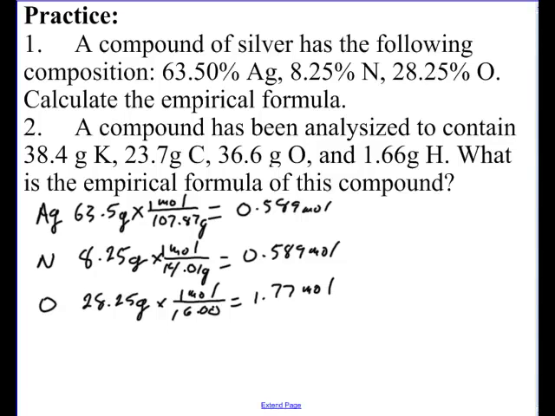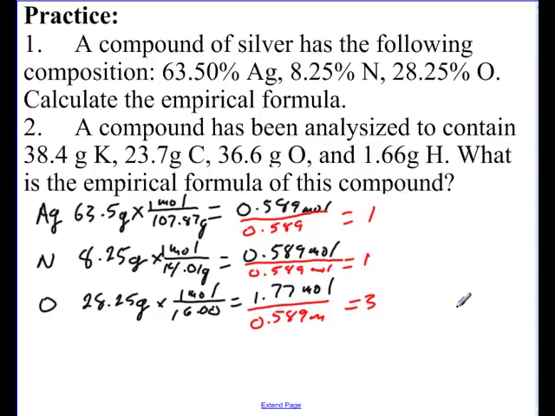Okay, so now we have them in moles, and we've got to compare the number of moles of each to each other. So to do that, we simply divide by the smallest. For silver and nitrogen they're both the same, so I'm going to divide them all by 0.589 moles. Silver equals 1, nitrogen also equals 1, and oxygen equals 3.